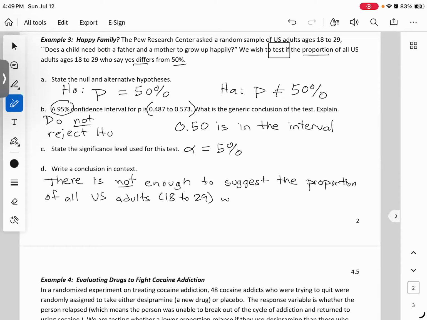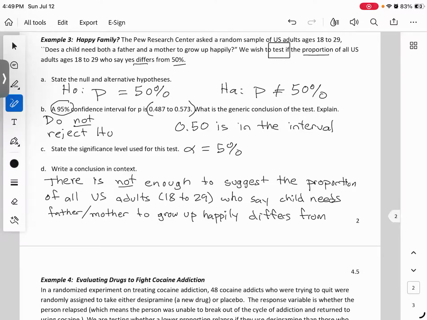18 to 29 who say child needs father/mother, both of those, to grow happily differs from 50%. 50% is still plausible.